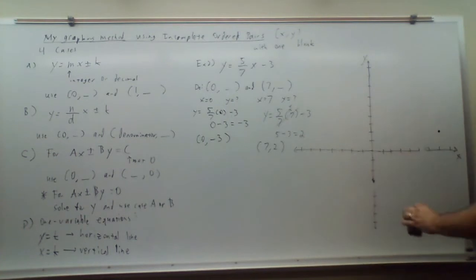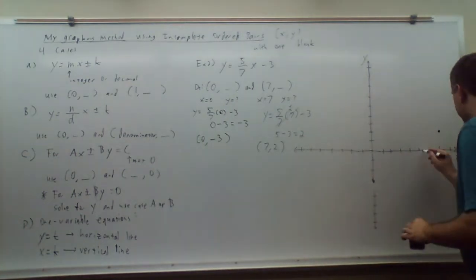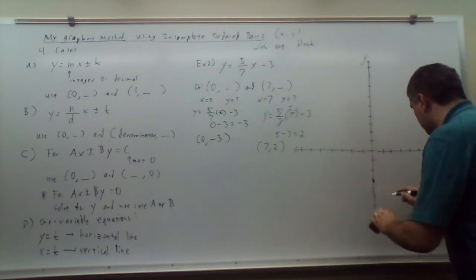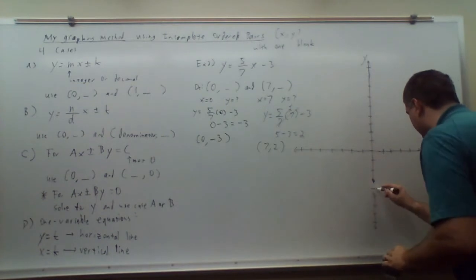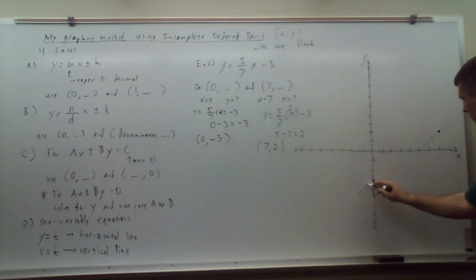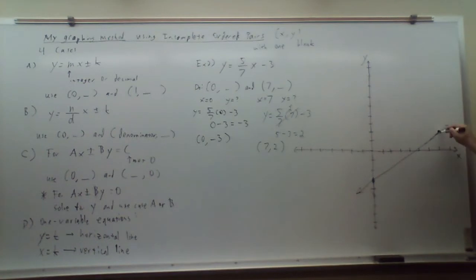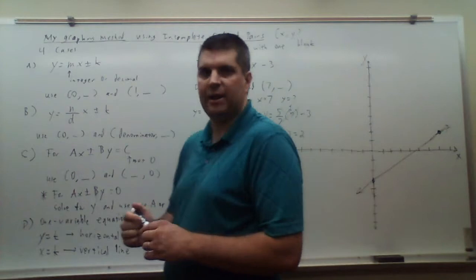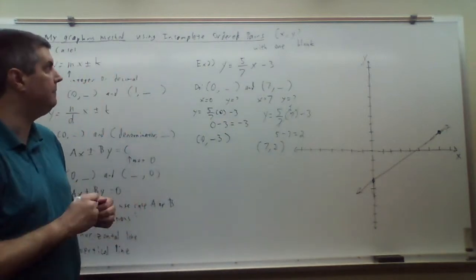It's easier to do this on a whiteboard or paper with a straight edge, but I don't have a straight edge handy. So that looks like it's close enough. And that handles example 2.